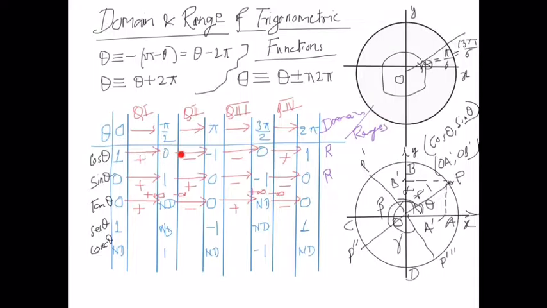And we can see from here that cos theta could vary from a minimum of -1 to a maximum of 1. And likewise, sin theta too could vary from a minimum of -1 to a maximum value of 1.